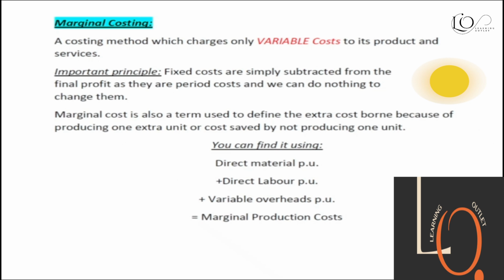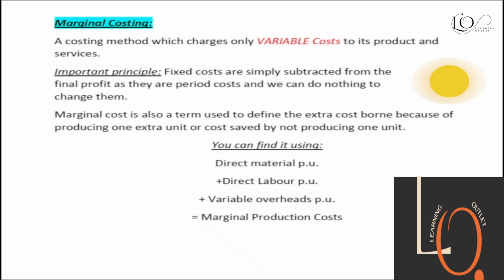So marginal costing takes into account only and only variable costs. The definition of marginal cost is that you take into account the costs that are extra to make 1 unit.